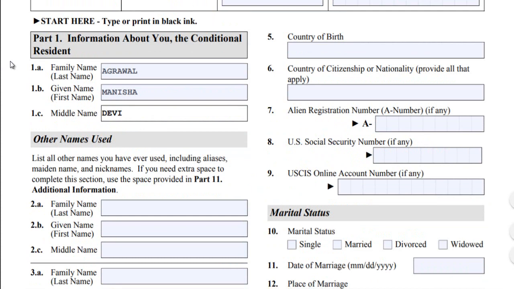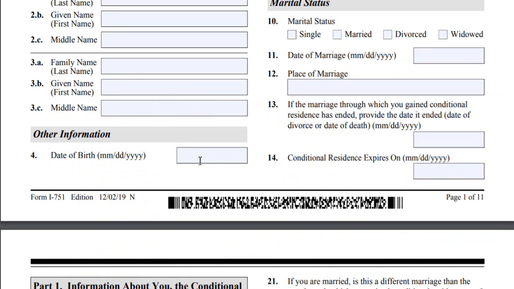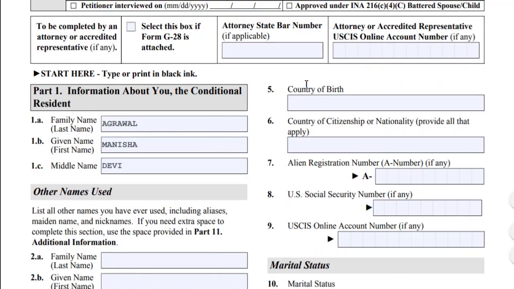Other names used. List of other names you have ever used, including aliases, maiden name, and nicknames. If this is applicable for you, please fill this in. Date of birth. Country of birth.